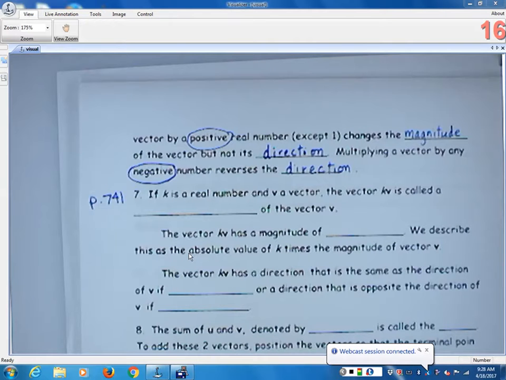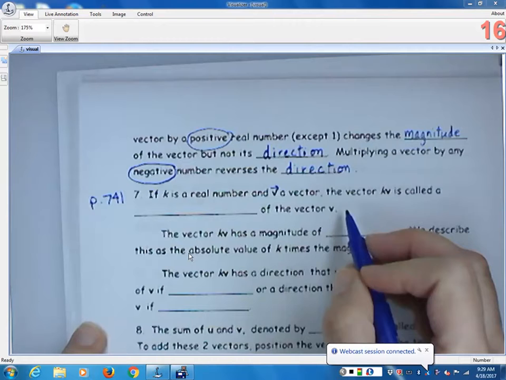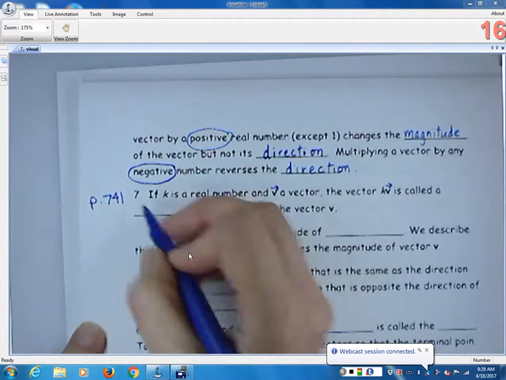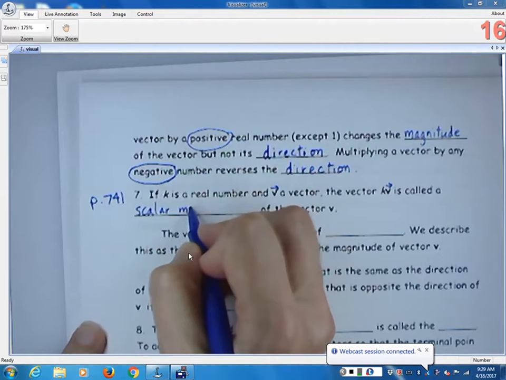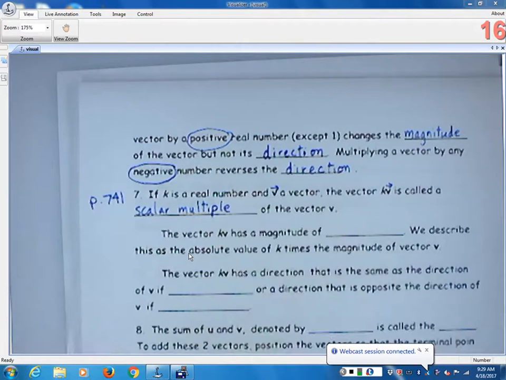If k is a real number and v a vector, the vector kv is called a scalar multiple of the vector v.